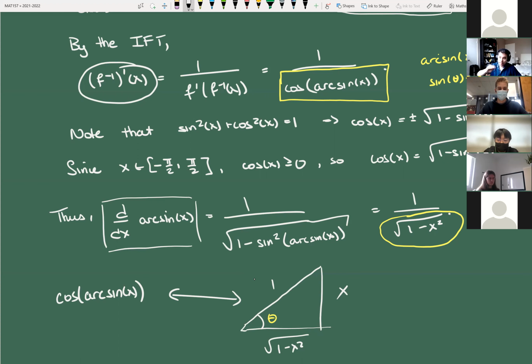Arc sine x is the angle such that if you plugged in sine of theta, you would get x out. So what you do is you draw a triangle whose hypotenuse is 1, whose opposite side to the angle is x. So now you know that sine theta is equal to x. And then you'd say, okay, well, what is cosine theta? Oh, it's root 1 minus x squared, right? And so that's where the triangle is coming in here.